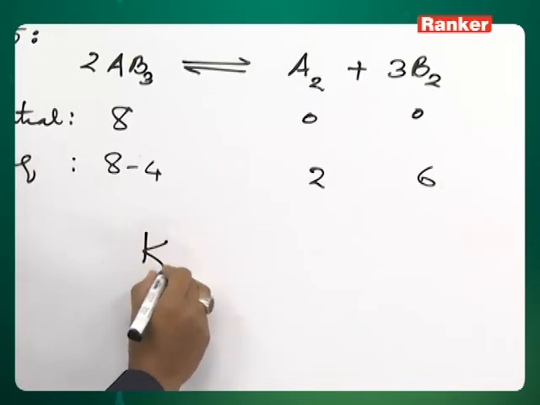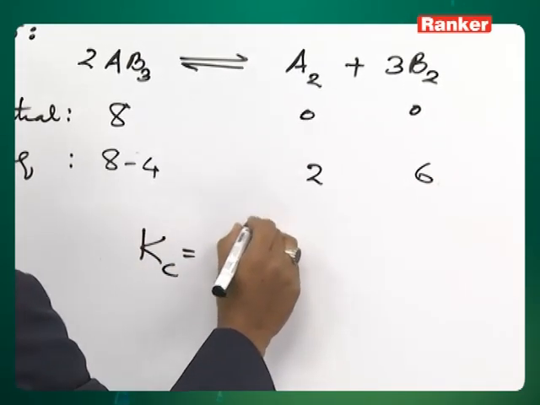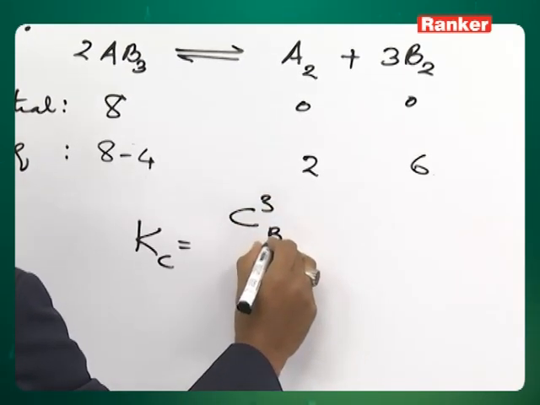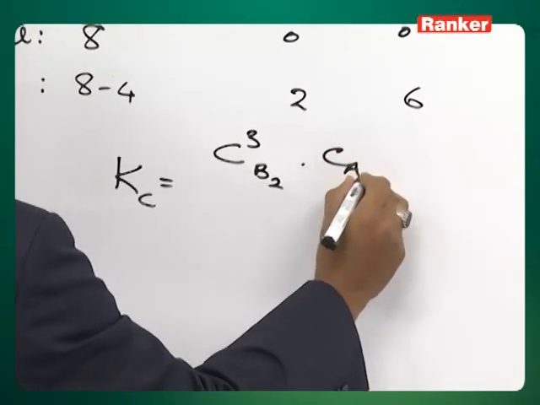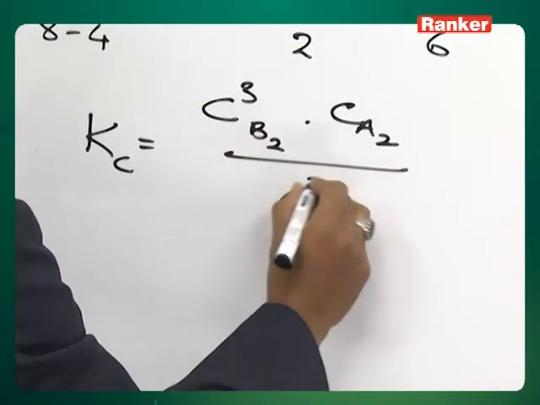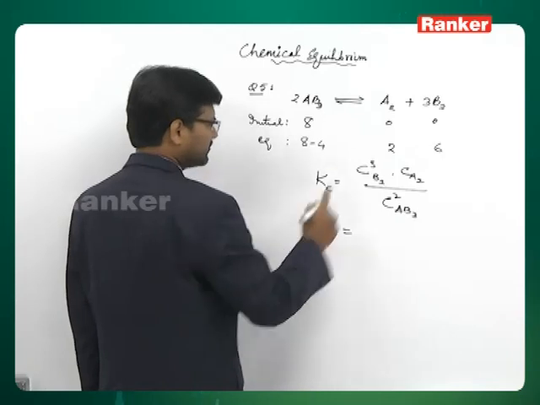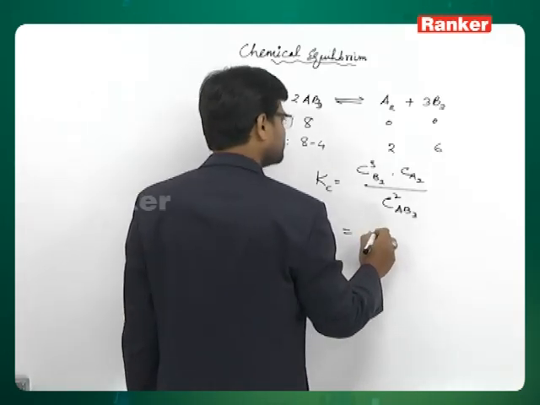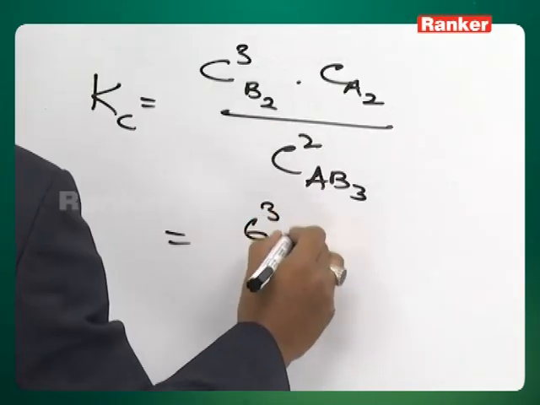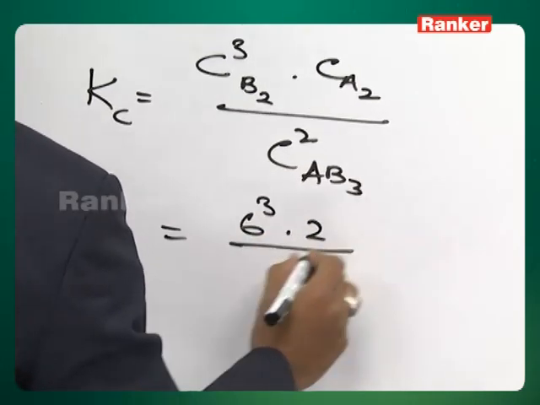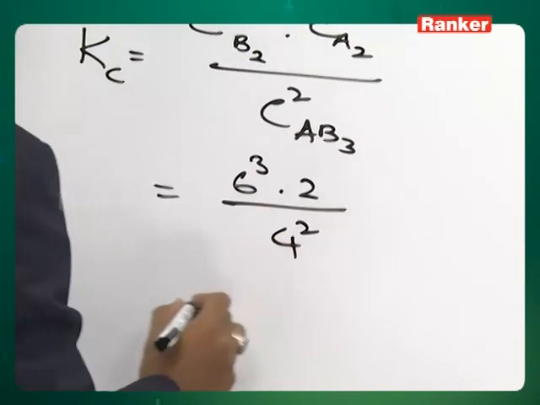Now, Kc equals concentration of B2 raised to the power 3 into concentration of A2 by concentration of AB3 square. So, you need to substitute these values. So, 6 cube into 2 by 4 square.